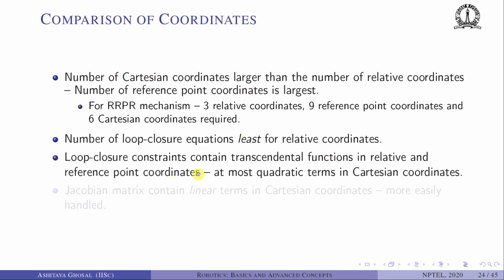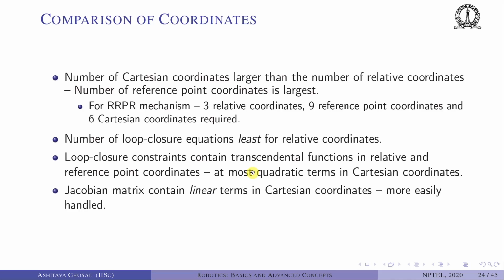However, the loop closure constraints contain transcendental functions of the relative and reference point coordinates. You saw there were cosine and sine of phi. In the Cartesian coordinates, there are at most quadratic terms. There are no transcendental functions.